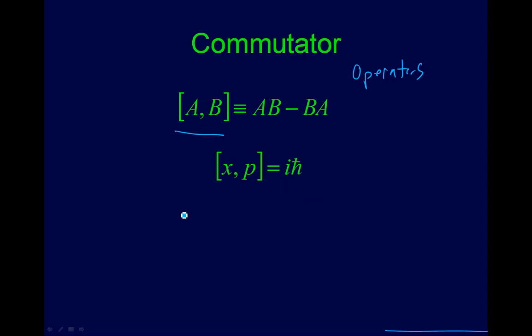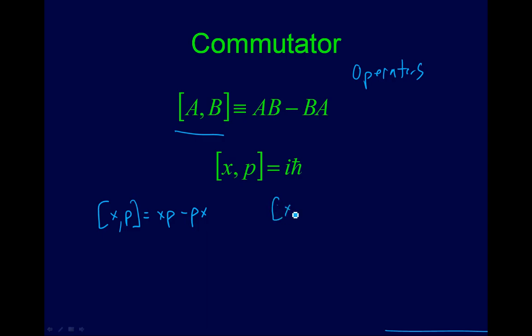Let's go through, first of all, and show how to calculate this. So x comma p. For us that would be xp minus px. Now the best way to go about thinking about this is to take this and multiply it by some function.